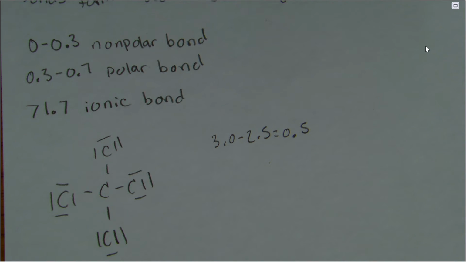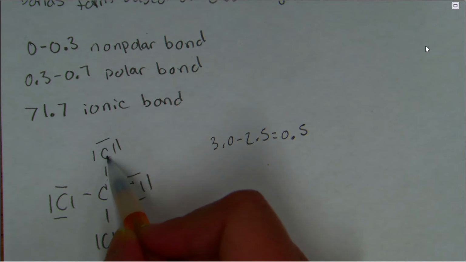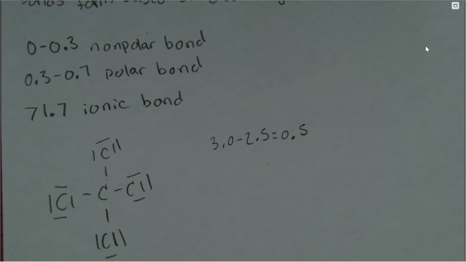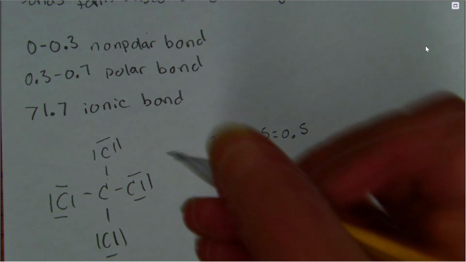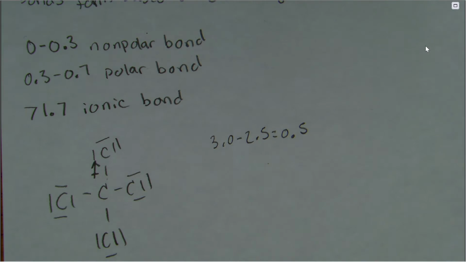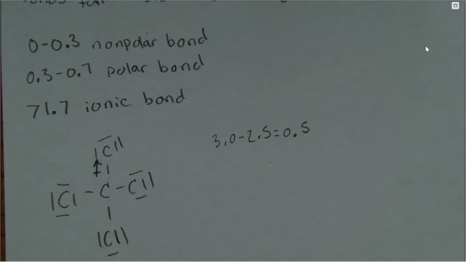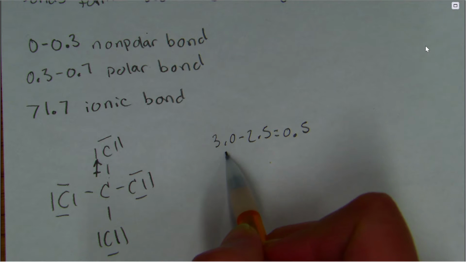So we would say that this bond between the carbon and the chlorine is a polar bond. The way we're going to draw this, we're always going to draw the arrow toward the more electronegative side, with a positive here. So this is how we would draw a polar bond, the arrow going towards the chlorine because chlorine is more electronegative.